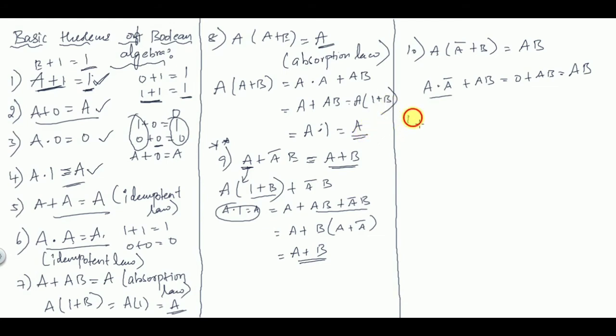Okay, the 11th is De Morgan's theorem, a very important one. What it states is that (AB) whole bar is equal to A bar plus B bar.